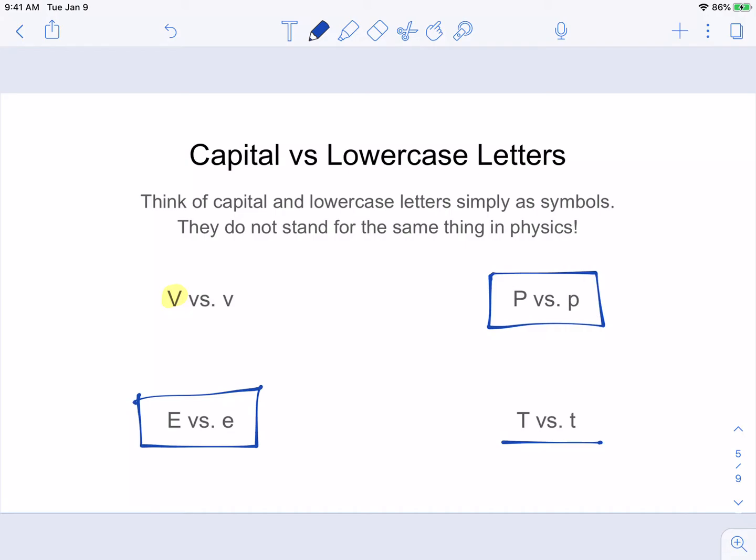If something's moving in a circle, the time to go around the circle once, we call that the period. And lowercase t is just general time. So we have all of these examples where a capital letter and a lowercase letter mean two completely different things. So don't think that capital and lowercase letters stand for the same thing. They are their own variables.